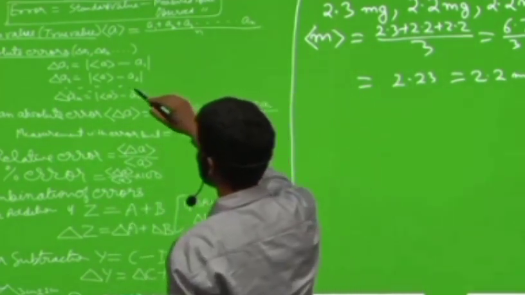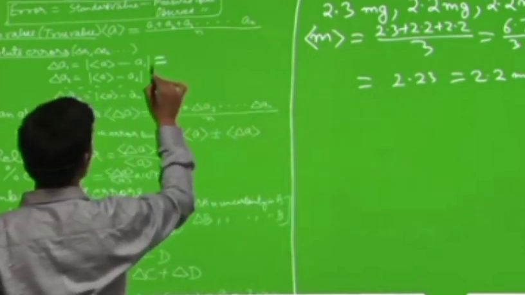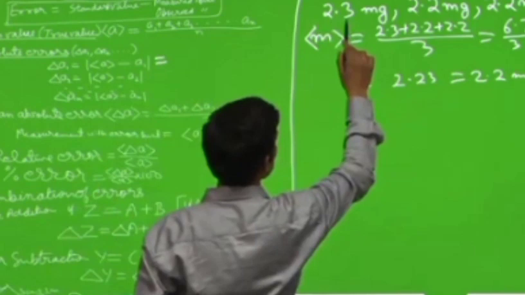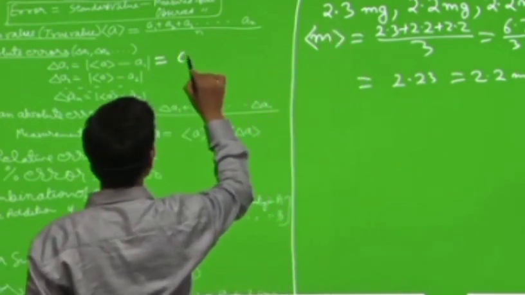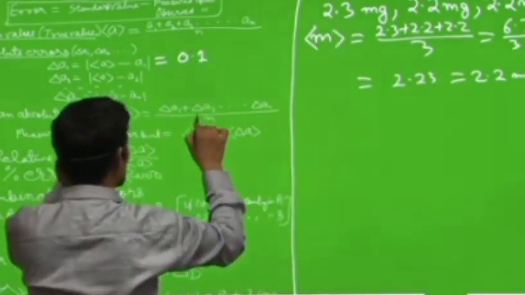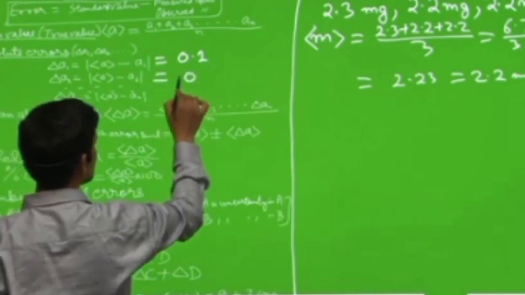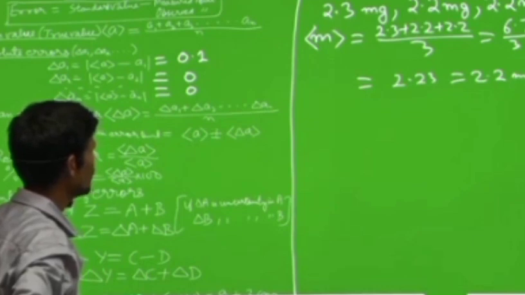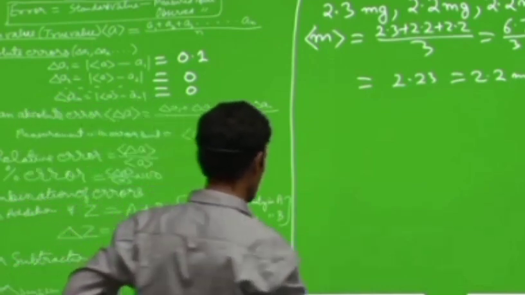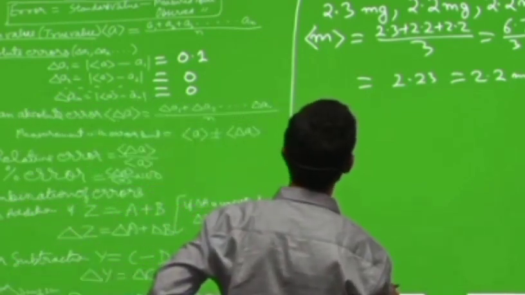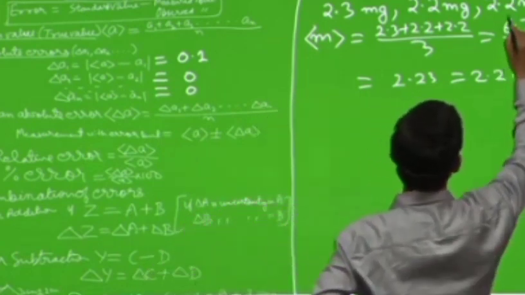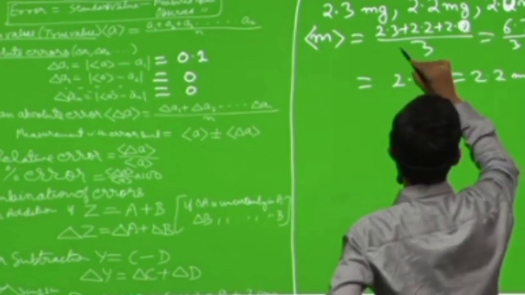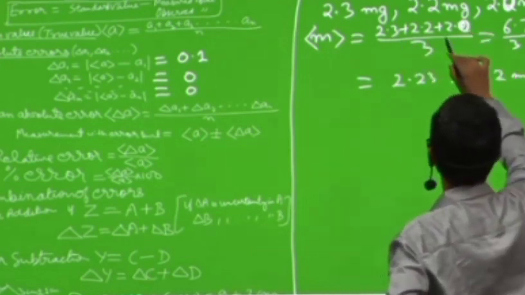Now we will find the absolute error. The first error will be this minus this, which will be 0.1. For the others, it is 0. Oh, I think I have taken a wrong example. Let me make it a little bit more complicated. So I'm taking it as 2.0. Now maybe we'll get a tougher value.